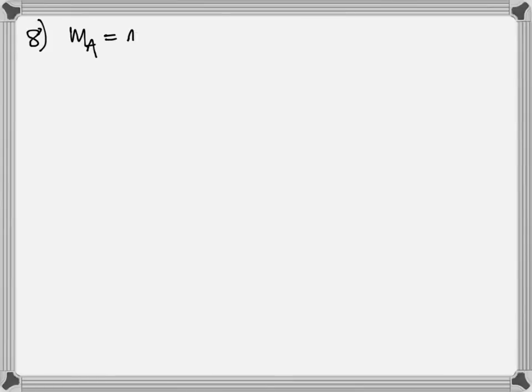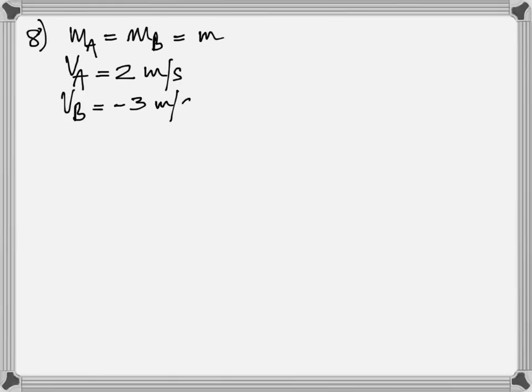Yeah, question number 8. The two balls have the same mass. And the first one is moving at 2 meters per second. The second one is moving in the opposite direction, and that's why it's negative. And we had to find their final velocities after collision.